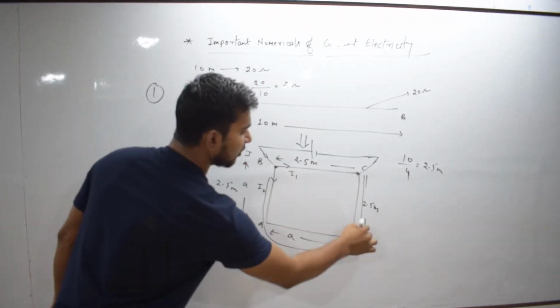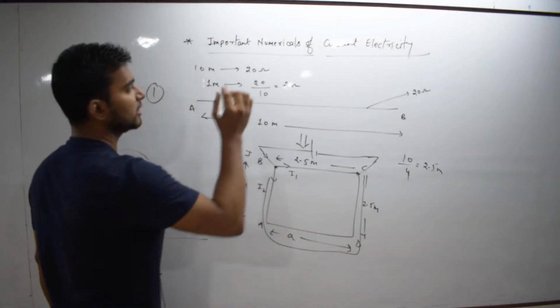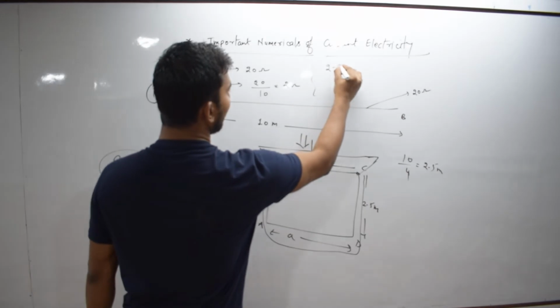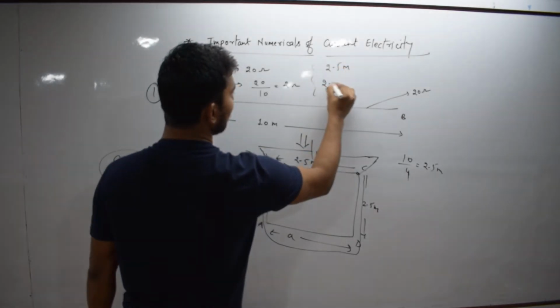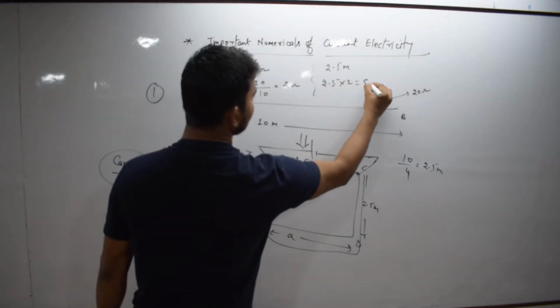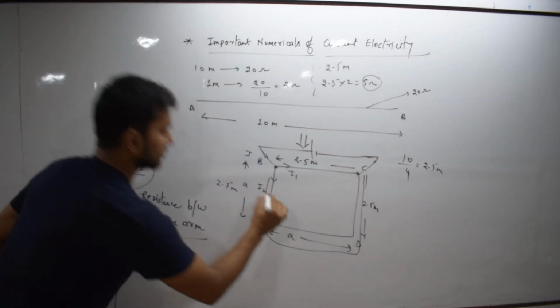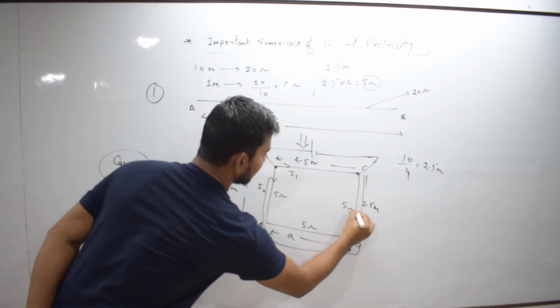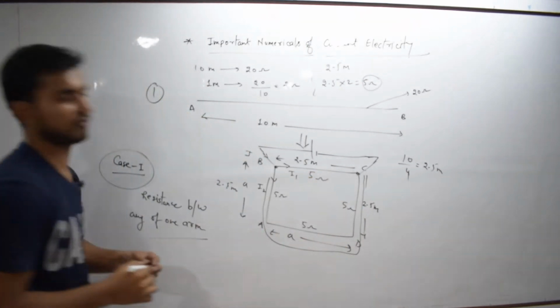And what is the length of each arm? 2.5 meter. So we simply multiply 2 by 2.5, so that is 5 ohm. Okay. So here also it is 5 ohm, here also 5 ohm, here also 5 ohm, and here also 5 ohm.